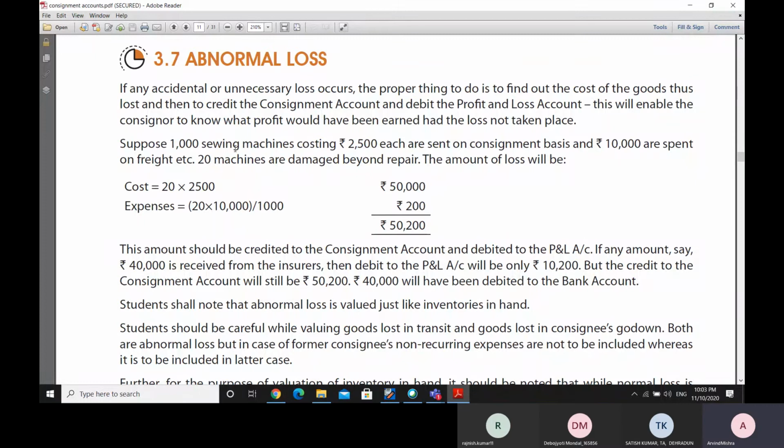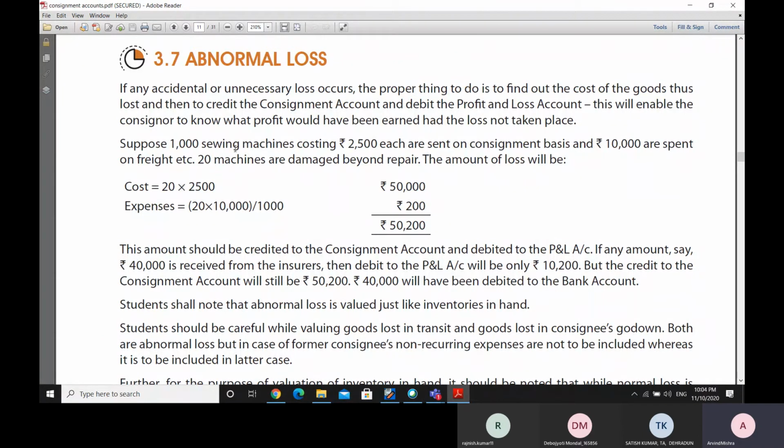So therefore, when he will calculate his profit, he would not cancel this loss. This loss would automatically appear. How will this loss automatically appear?